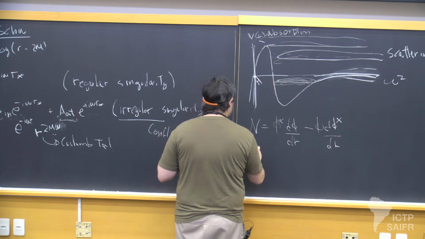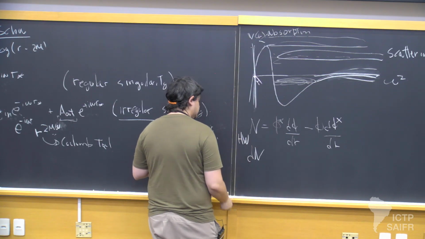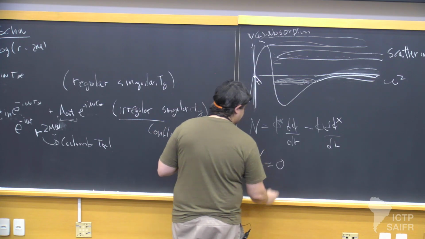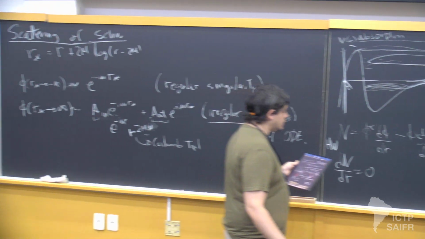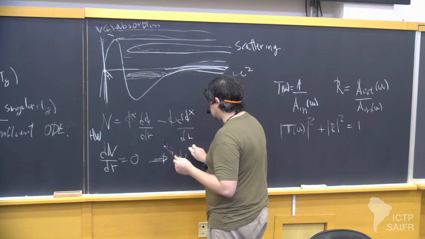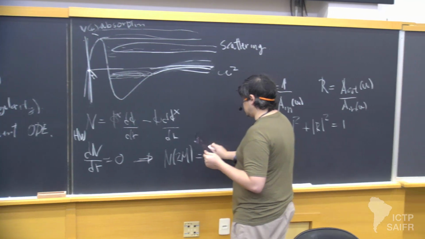You can prove, let's just say it's homework, that this is conserved, so it doesn't depend on R. So we can evaluate it at the horizon or at infinity.